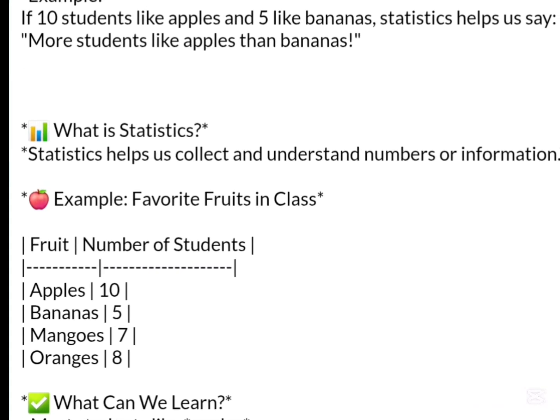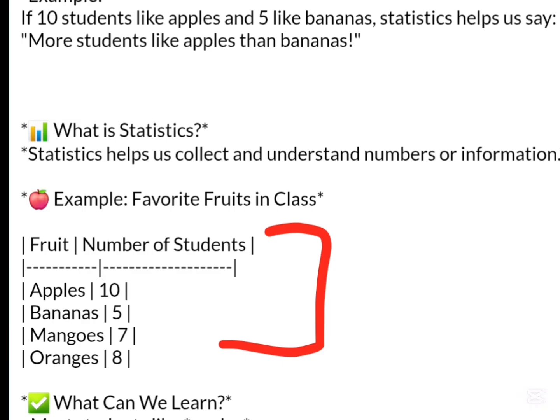This is how statistics helps us to understand the information better. For example, with the help of this chart, you can easily understand that most students like to eat apples, and the least number of students like to eat bananas. How do we come to know?